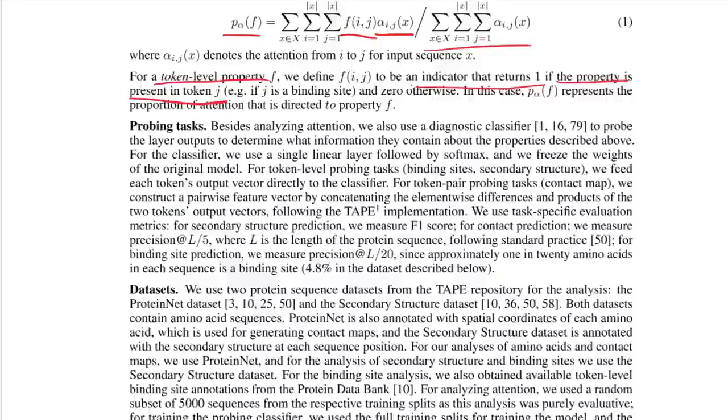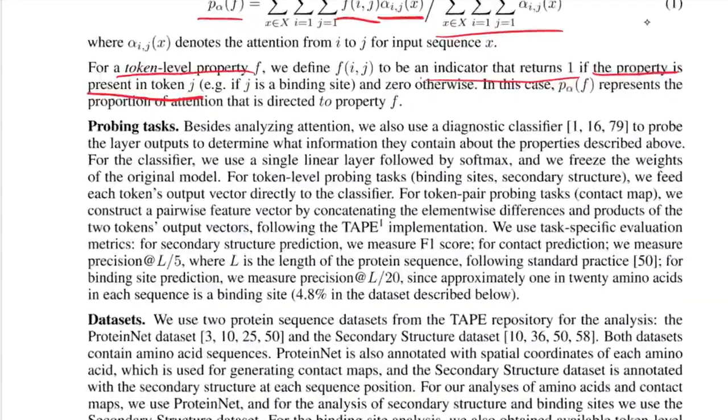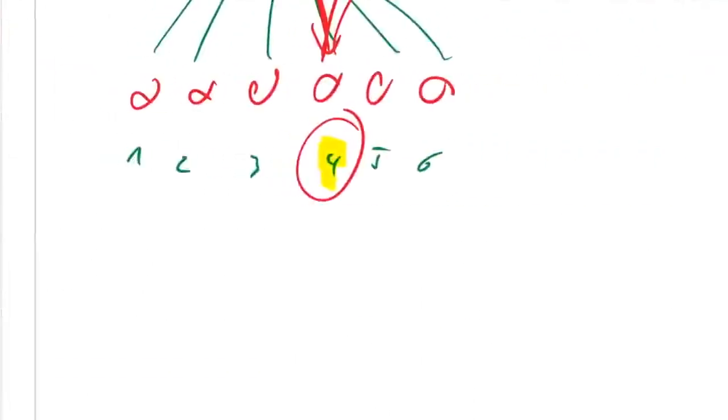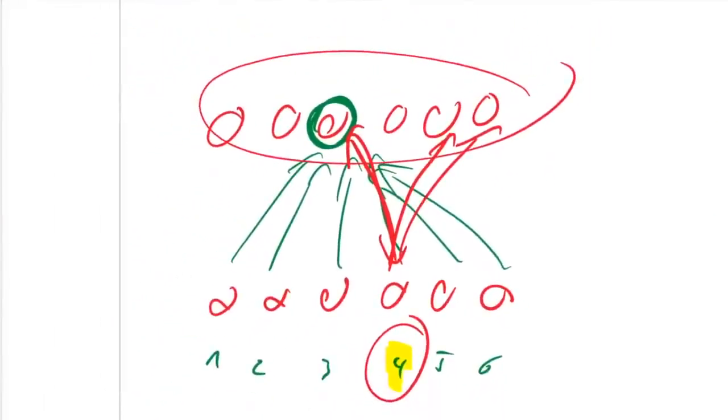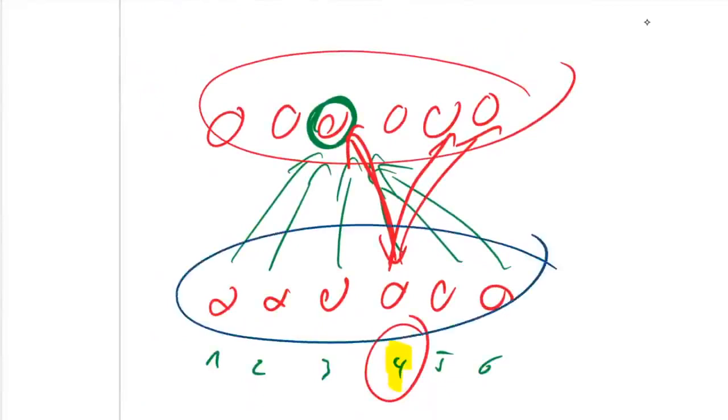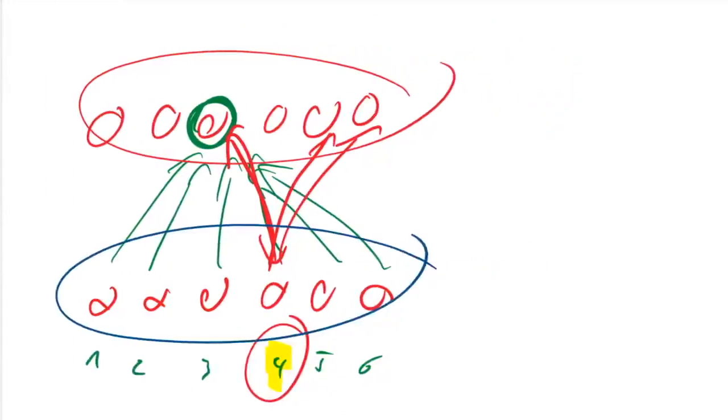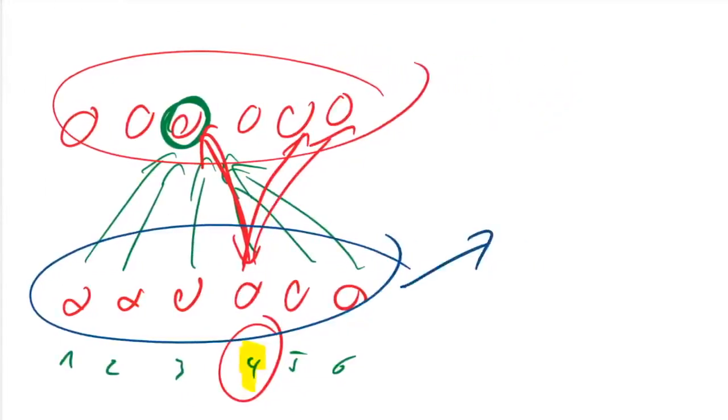The second task we're going to do is this probing task. A probing task is like a linear probe, like a classifier. We take a layer right here, and even though it's an intermediate layer, we simply run it through a linear classifier and decide: is this a binding site or not?